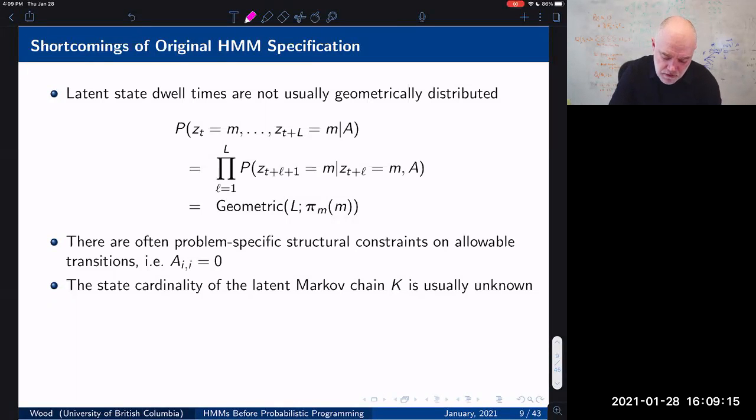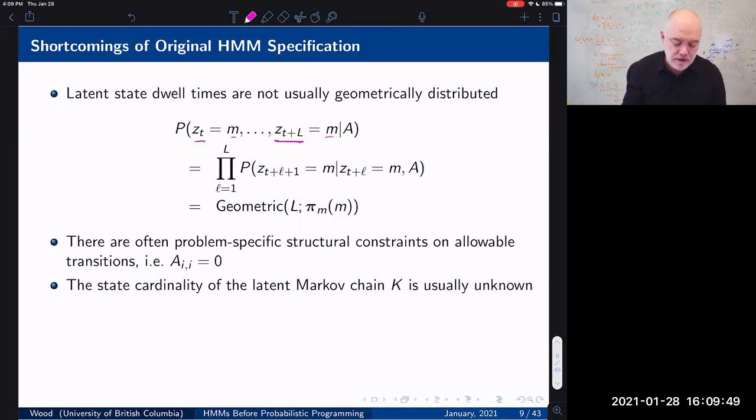So in real life, in basically most applications, the latent state dwell times, like how long you stay in one state, and Jason already pointed out that in the figure we saw, things tended to bounce around in the same state, but in actual fact, there's some marginal distribution of, so what's the probability that this latent state stays the same for L time steps?